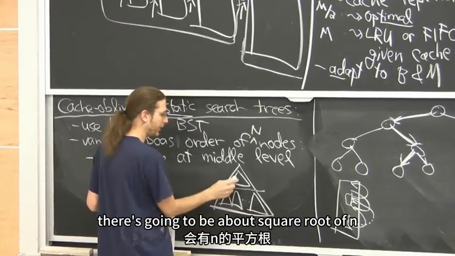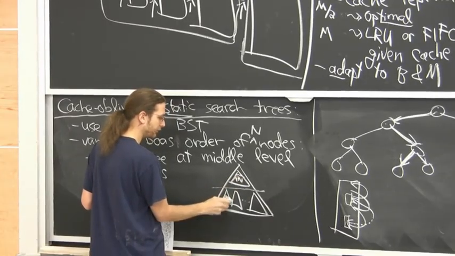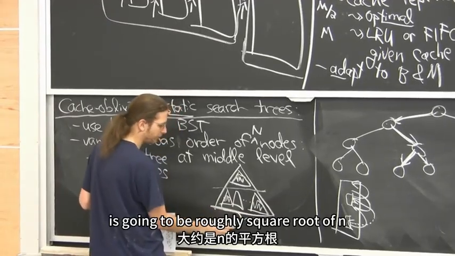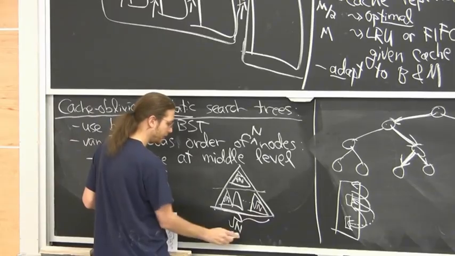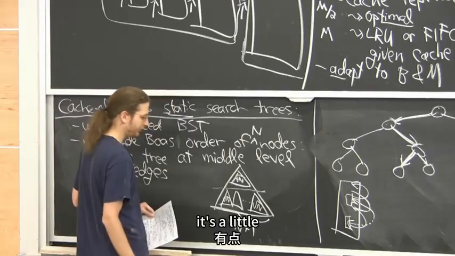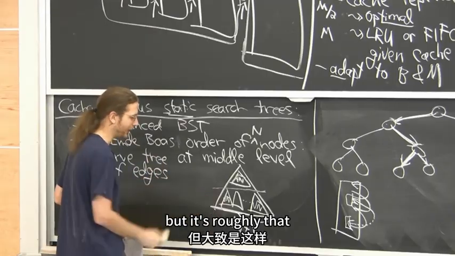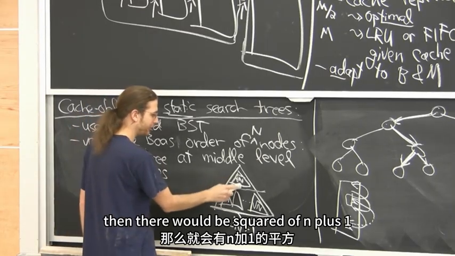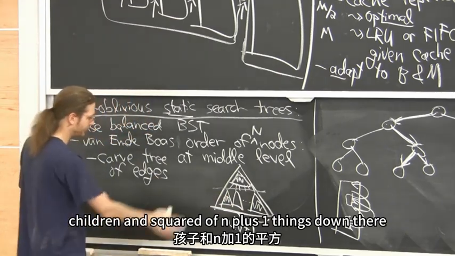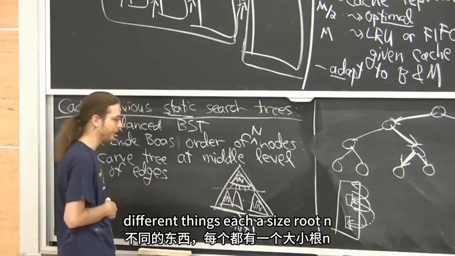There's going to be about square root of n nodes in each of these little triangles, roughly speaking. The number of triangles down here is going to be roughly square root of n. I think I have written here square root of n plus 1. It's a little overestimate because I multiply those two numbers as bigger than n, but it's roughly that. If there were root n nodes up here, then there would be square root of n plus 1 children and square root of n plus 1 things down there. So roughly root n different things, each of size root n.